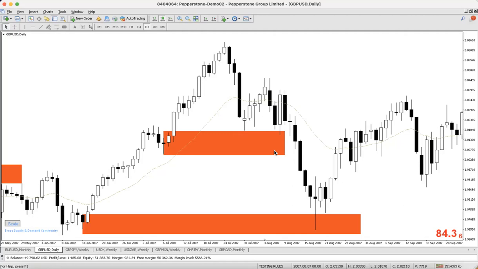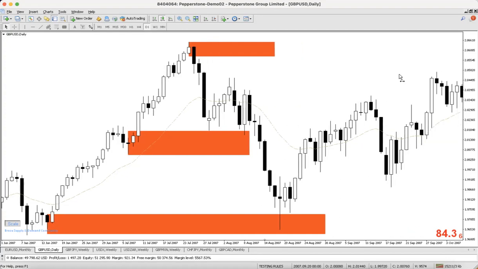So when you trade supply and demand, you can trade as a scalper or somebody who does swing trading, all right? So look, and then the market went up, up, up, and then it turned. So when the market turns here, it turned here, right? And look, it never went to test that area.